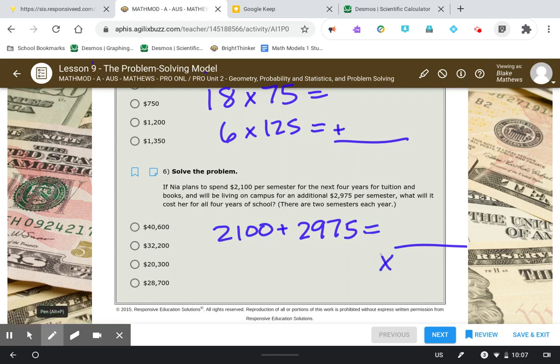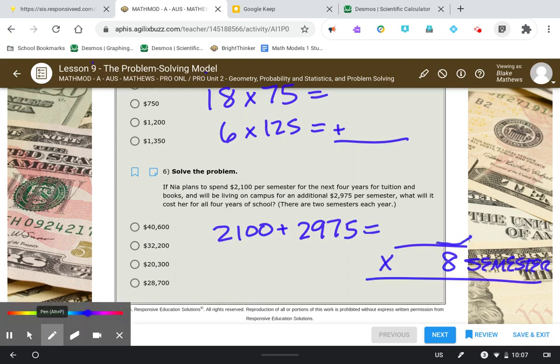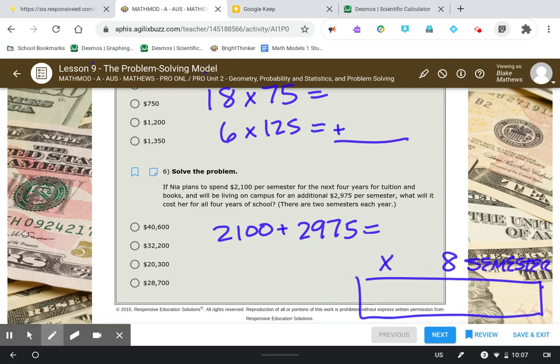Then we need to multiply that times 8 semesters, because that's the per semester cost. So you get that answer multiplied times 8 semesters, and that is going to be your final answer. So again, I'm getting you set up. I'll let you finish that one on your own. And that's it for lesson 9.